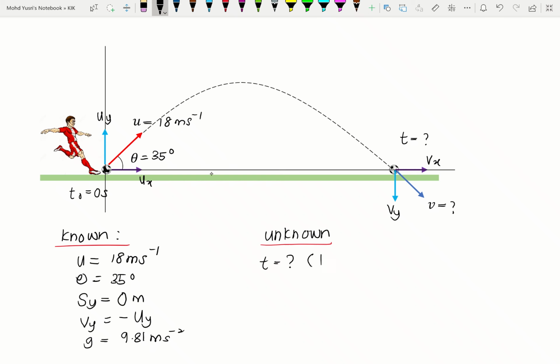In fact, this is what we want to find. In order to find this, we might need to know the vertical component or the horizontal component of the initial velocity. Another unknown value in this problem is the range, or the horizontal displacement of the ball.